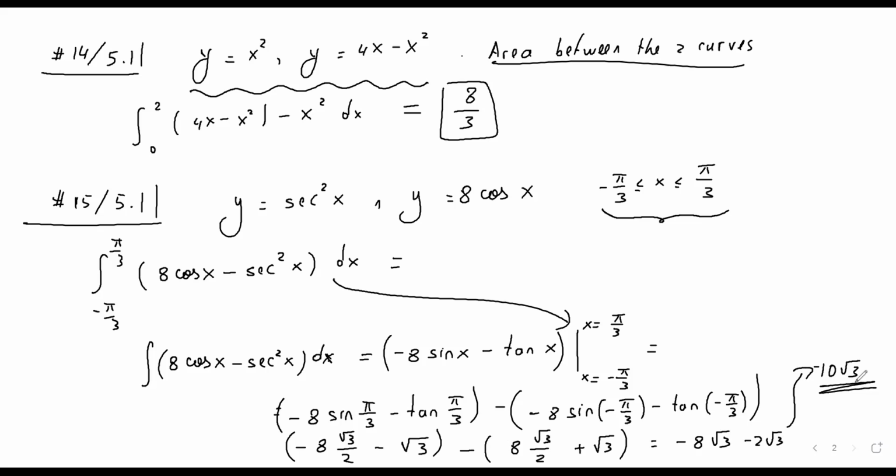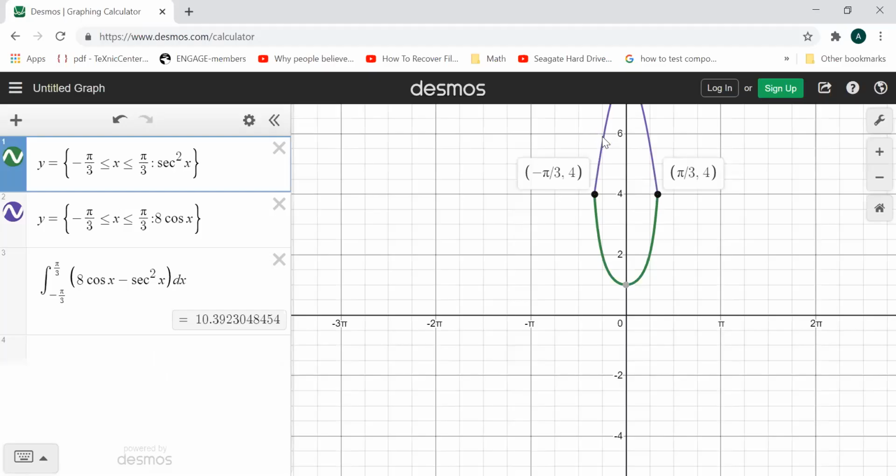Now, if you want to check your results with negative 10 square root of 3, I think I did the wrong thing. I started with the wrong top part. So let's see, 8 cosine would probably be at the bottom. Let's take a look again at the picture. So 8 cosine, what is that? Okay, so what's this here?